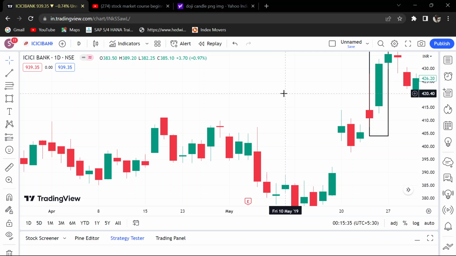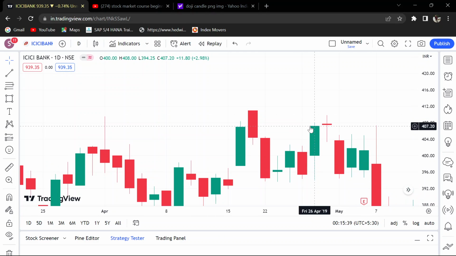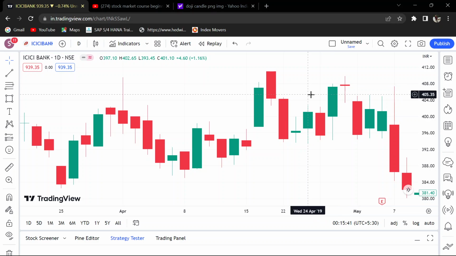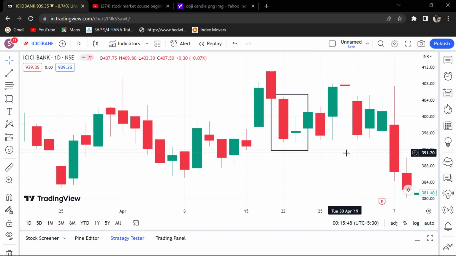See, this is a bearish Marubozu. Like this, when the candle is formed with a complete 90 to 95% body, it's called a Marubozu type of candle.